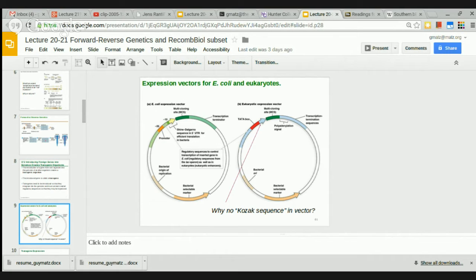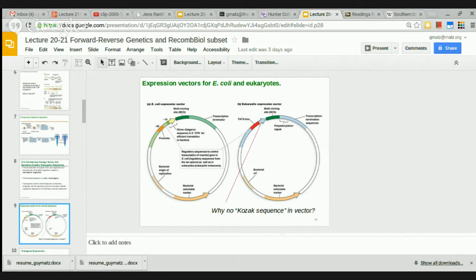And I think I already asked you in the last class, why are these different? One's eukaryotic and one's bacterial, but why? Exactly. The regulatory sequences are quite different.